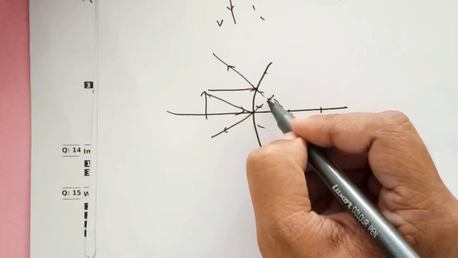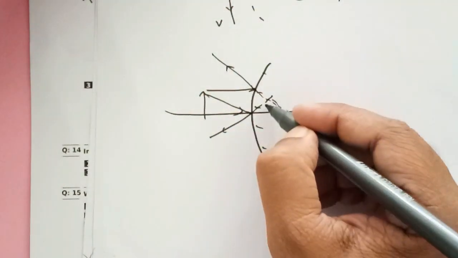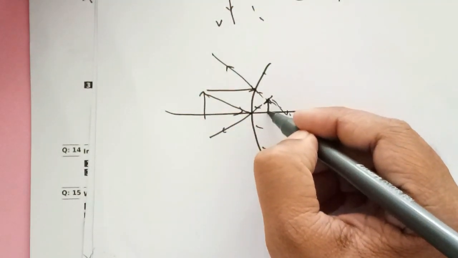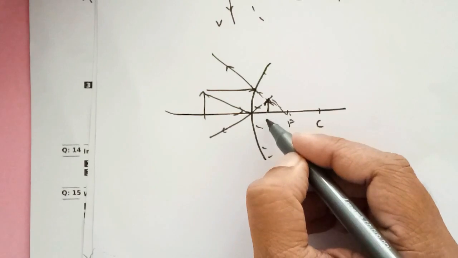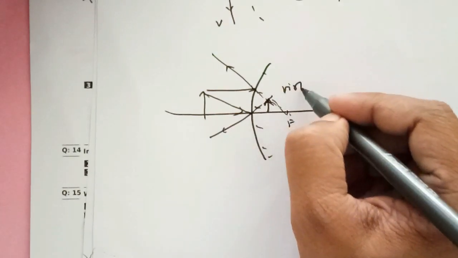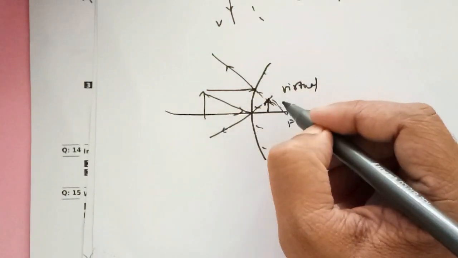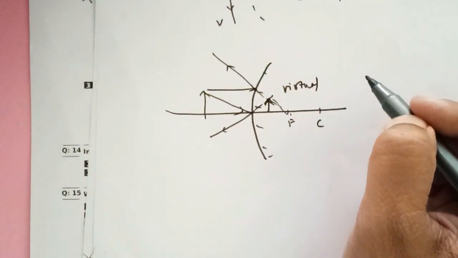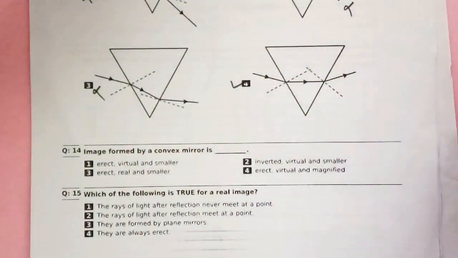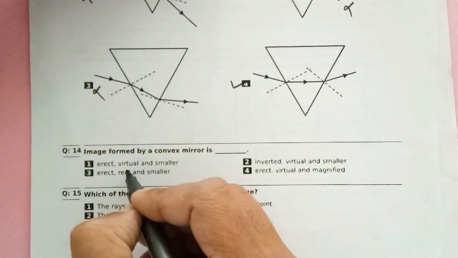So if I extend, both refracted rays do not meet, so the final image is formed over here, and since the reflected rays are not meeting, the image is virtual, smaller than the object and on the other side of the mirror, right? Erect, virtual and smaller. Correct answer.